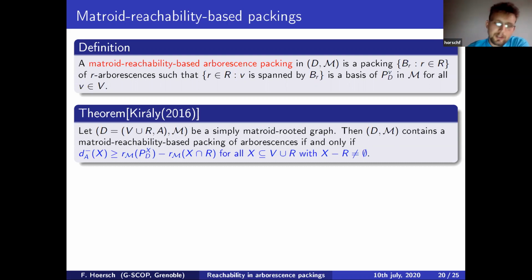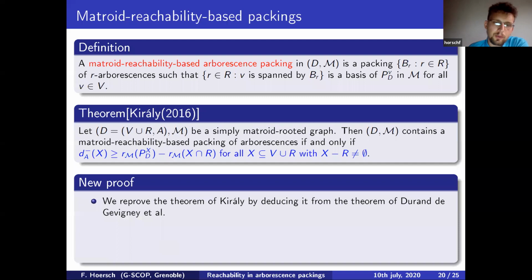And what our method allows is to also conclude that theorem from the same theorem we had before. So we take the theorem on the first slide on just Matroid-based packings, which was from Duron-de-Chevigné and Nguyen and Szigeti.